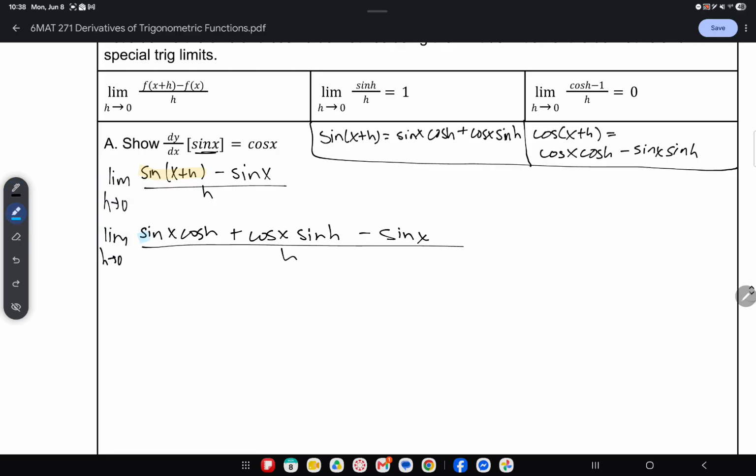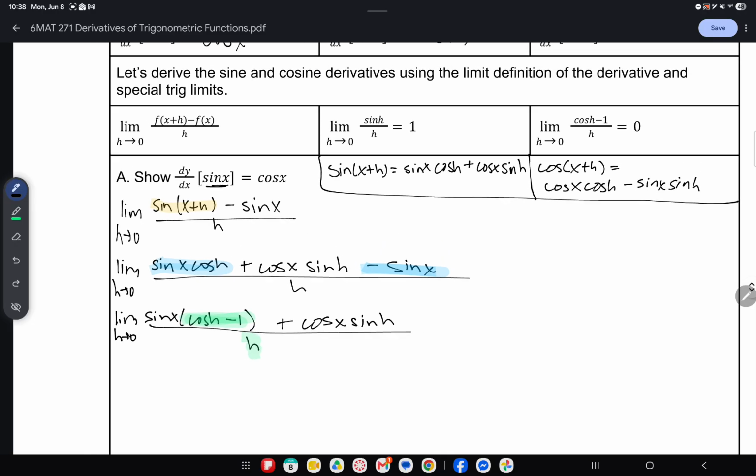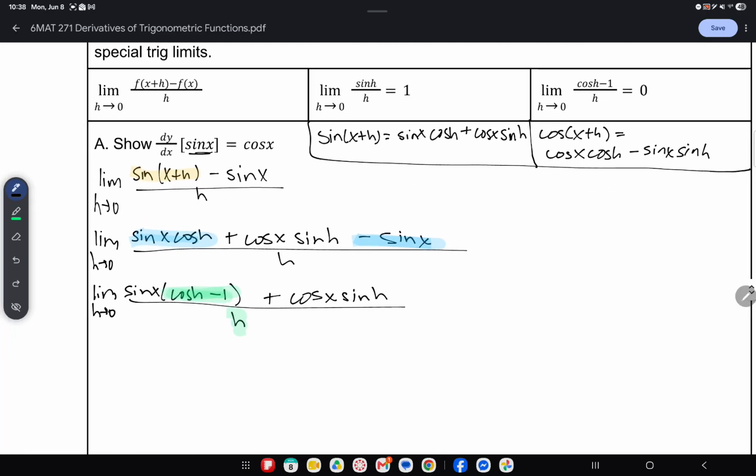Instead of rewriting it, I'm going to look at these two things here and take out a GCF. So the limit as h goes to 0, I'm going to pull out sine of x. So I'm left with cosine of h minus 1, and then plus cosine x sine of h all over h. Notice that this right here, cosine of h minus 1 over h, is that special trig limit for cosine. So that's going to go to 0.